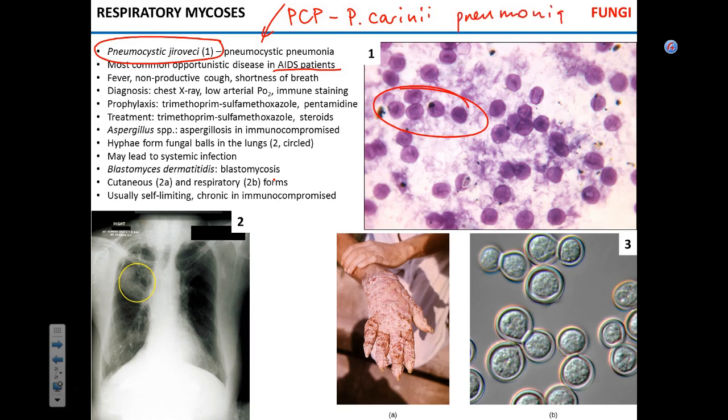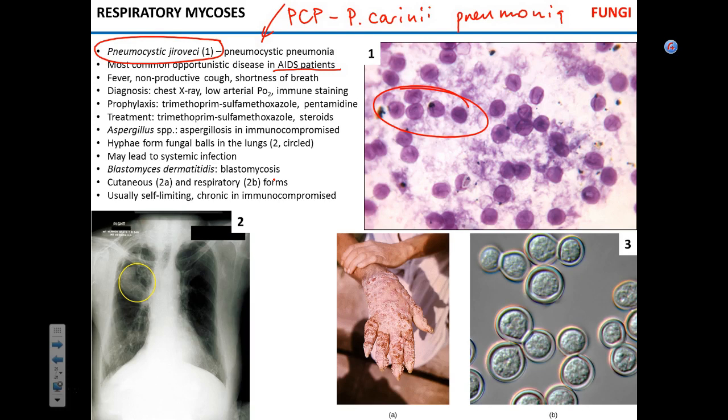You may ask, hold on, why carinii? Because apparently, for some reason, taxonomists were not happy with the name carinii and renamed it to jirovecii. It's absolutely the same fungus, they just changed the name of it.